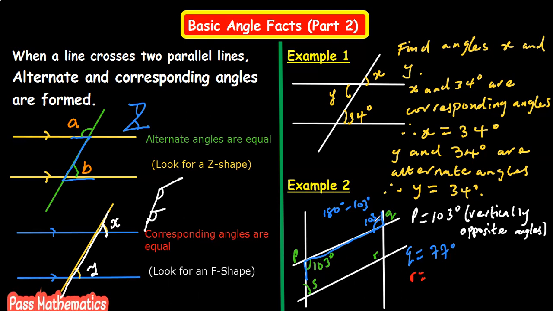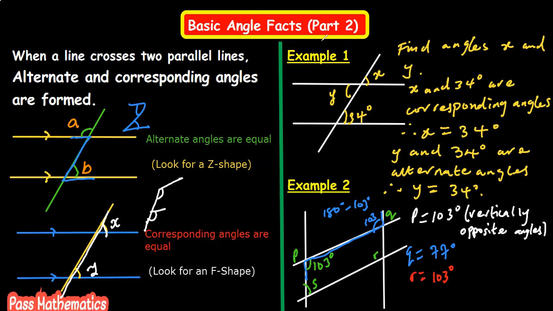So again, when you look at this angle 103 degrees, it is also corresponding to this angle R here. So we can say that angle R is also 103 degrees, so it's a corresponding angle, or if you want to say opposite angles of a parallelogram, 103 degrees.